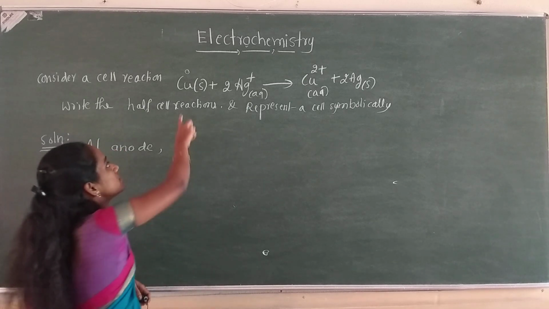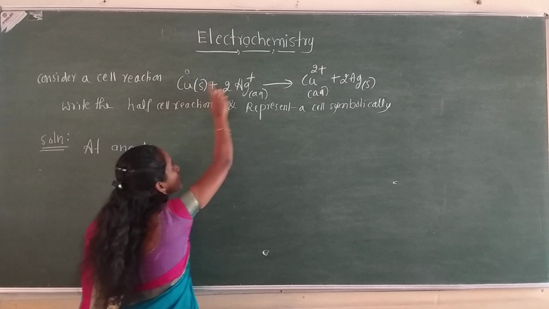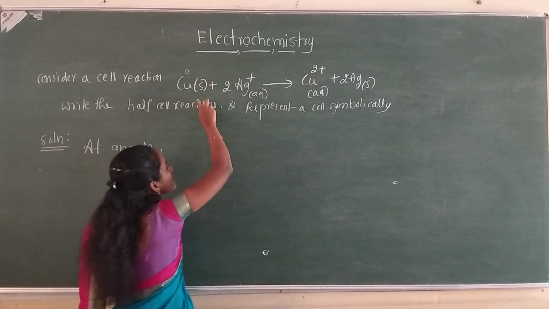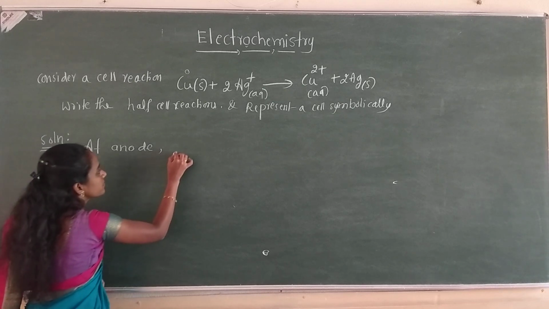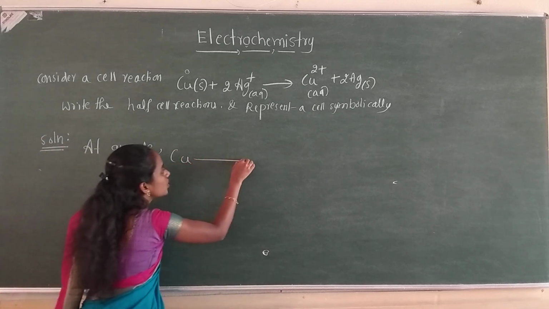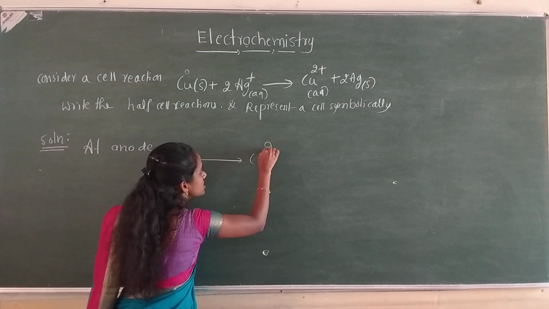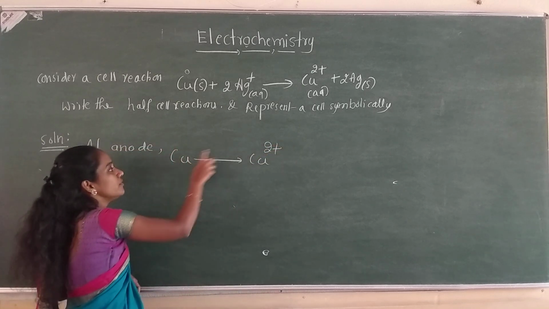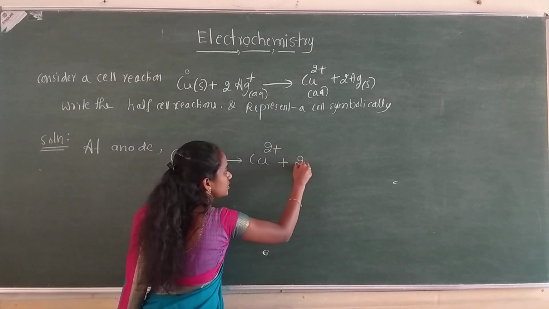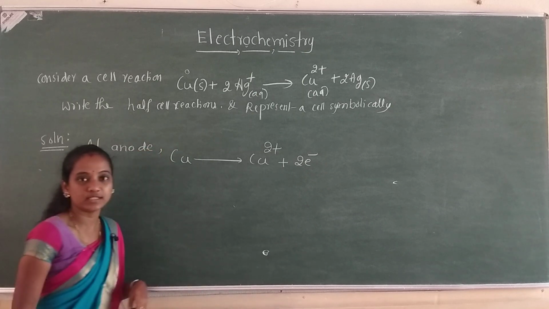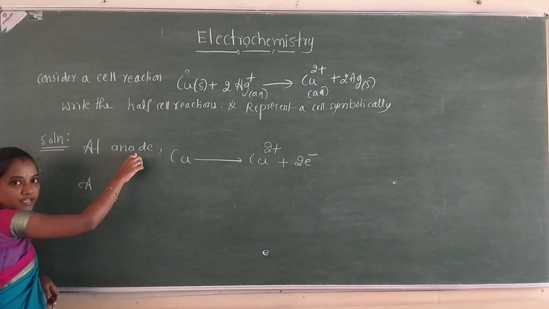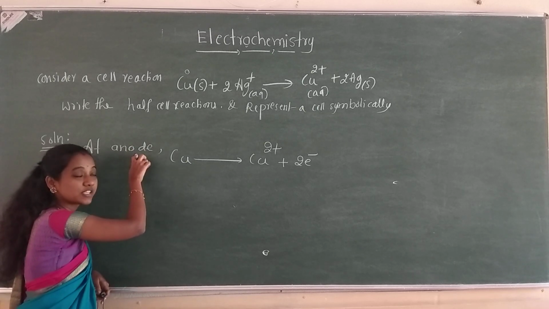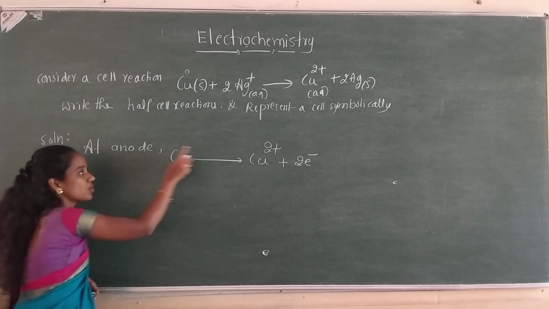That means Cu to copper 2 plus is an oxidation process. So at the anode, what do we write? Copper undergoes oxidation, that means Cu gives Cu2 plus with the loss of 2 electrons. This is one half cell reaction, or single electrode reaction.